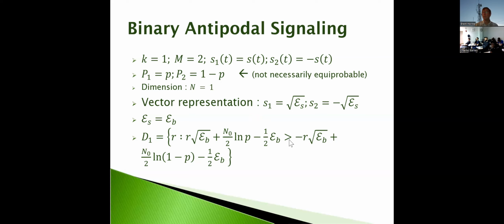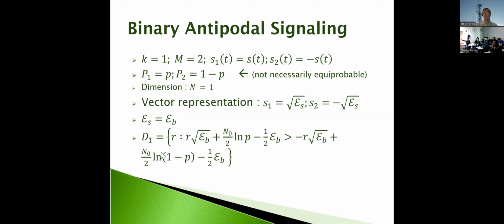Now, what we want is for that to be greater than all the other alternatives. Well, this is just binary signaling, so there's only one other alternative to consider, and that's S2. So it would be R times S2, which is minus root of E sub S, or minus root of E sub B using a substitution, plus all this here.